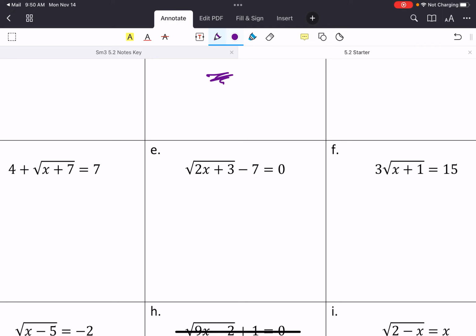Do you want to come up here and write it? Wait, is that a 3 in front of it, or is that like a cube? It is a 3 in front of it, not a cubed root.